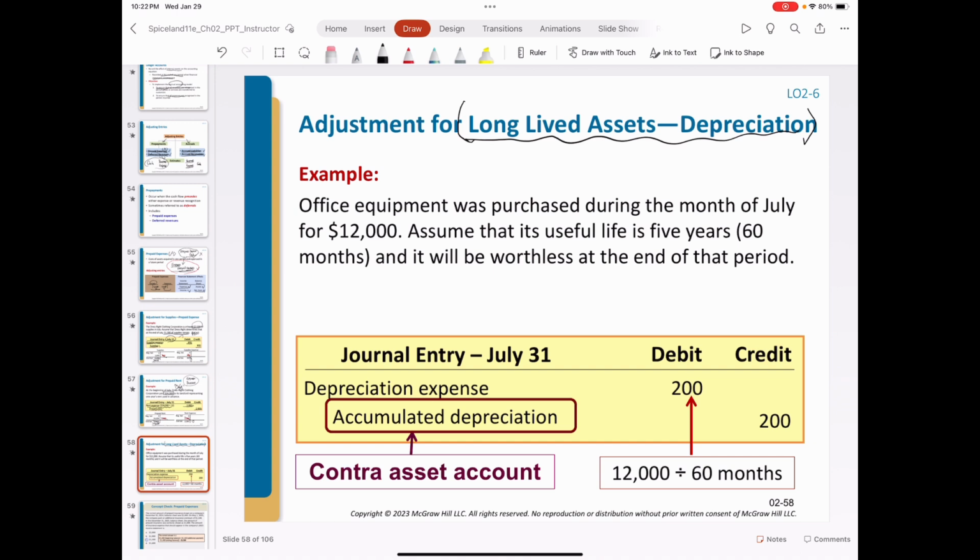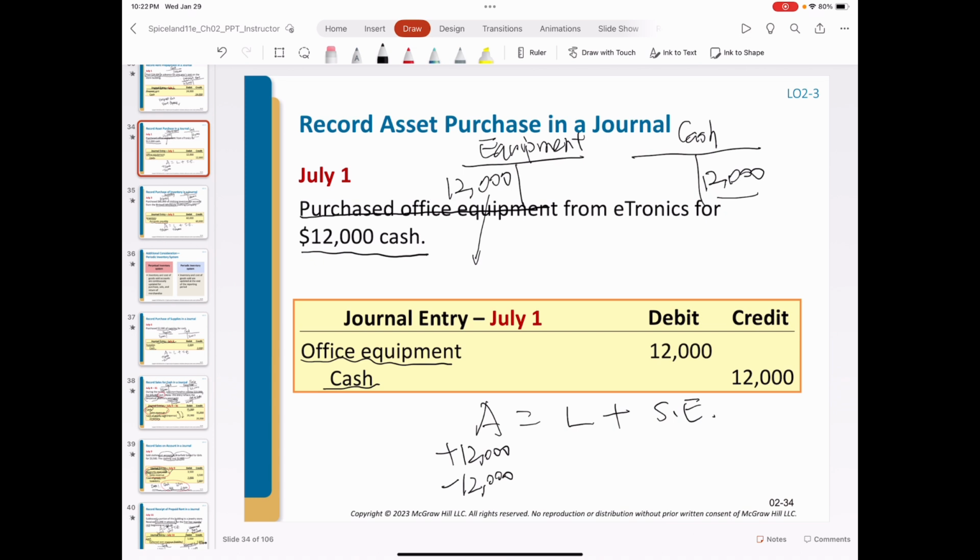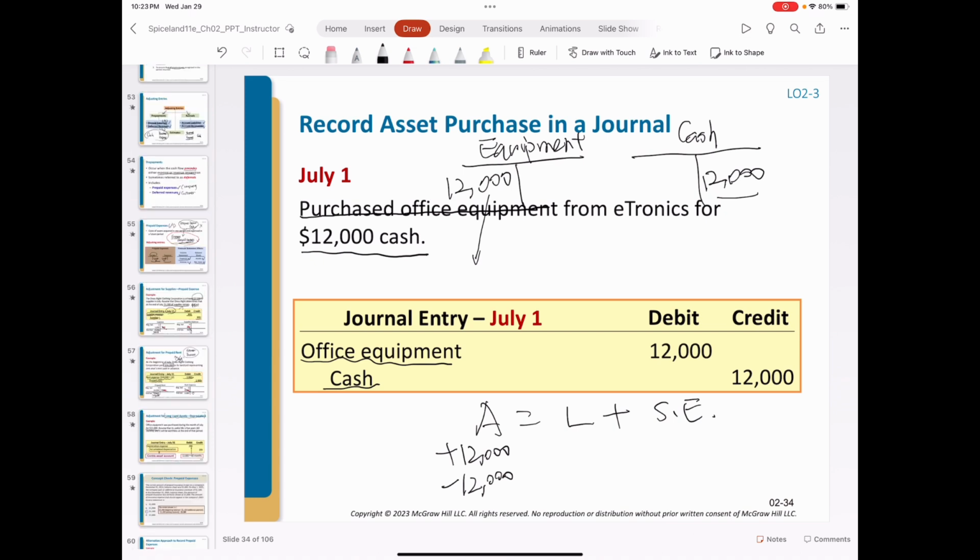Instead, we recognize depreciation expense in each accounting cycle based on assumptions. Here, the company acquired office equipment for $12,000, also purchased on July 1st. But we don't recognize $12,000 expense instantly. Instead, we recognize an asset.